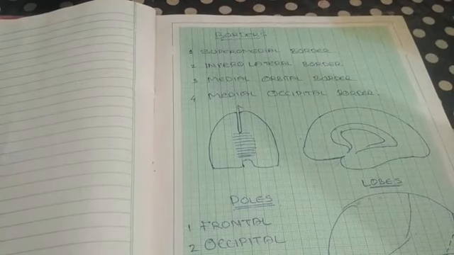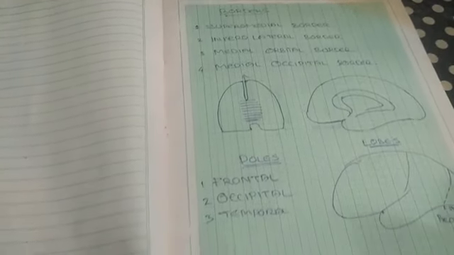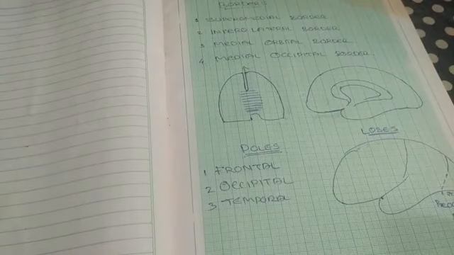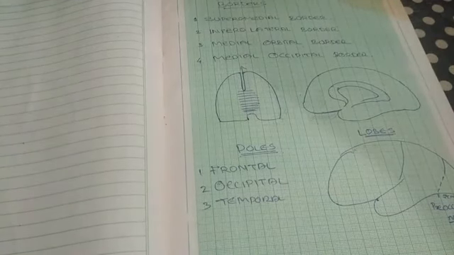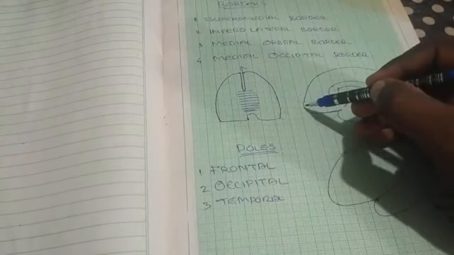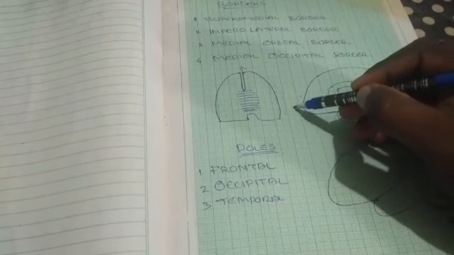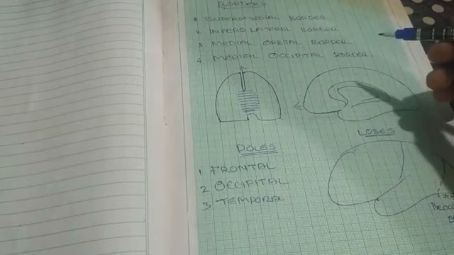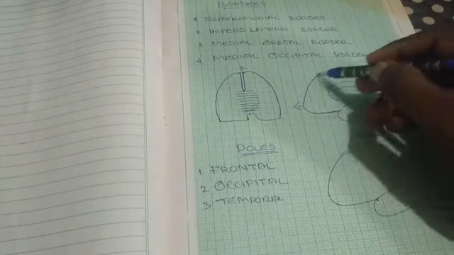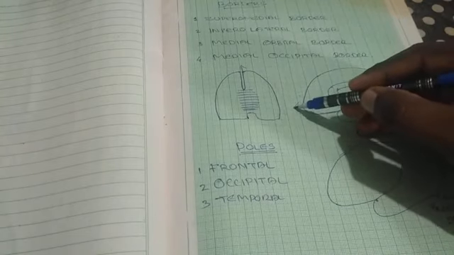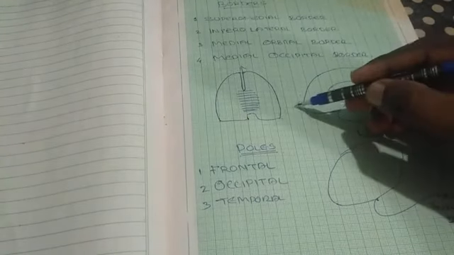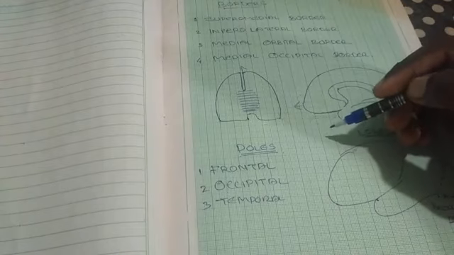Then we can discuss the poles of the cerebrum. There are three poles. The poles are the pointed ends of the cerebrum, and they show where the cerebrum is directed. One is directed anteriorly, the largest and most convex pole, called the frontal pole.